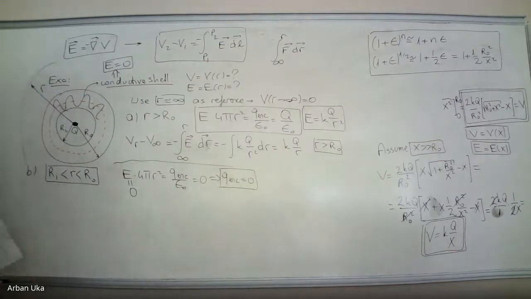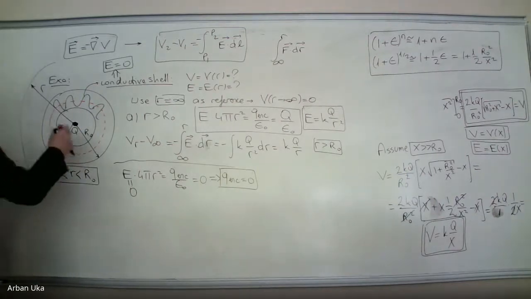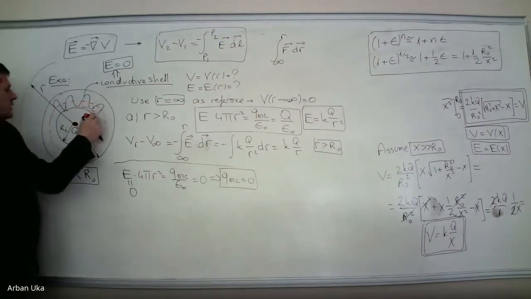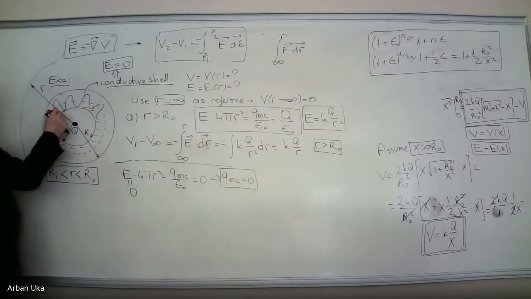Okay? But being the enclosed charge equal to 0, this means that the charge at the inner boundary, right here, is equal to minus Q. So here we're going to get negative charges everywhere in here.